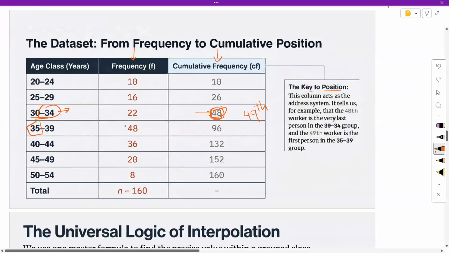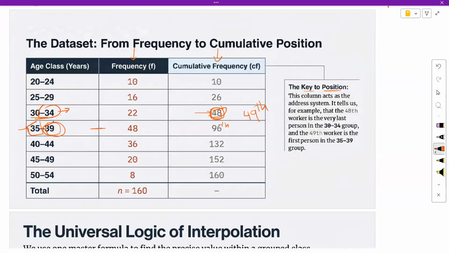Because we know that in this class there are 48 starting from 35 and ending with 39. So the 49th person's age is 35, and the 96th person's age is 39, right?